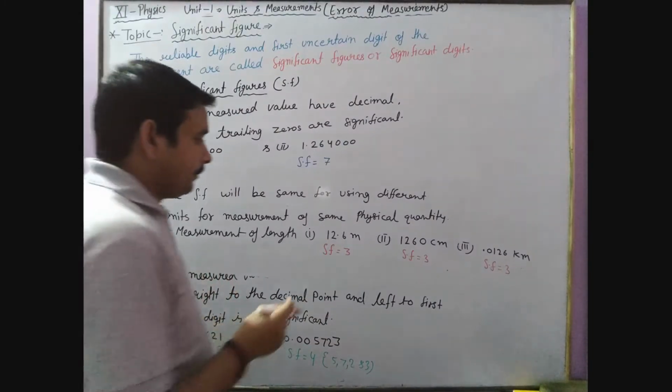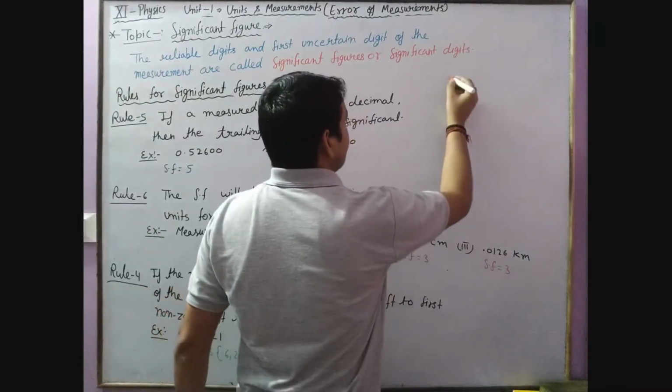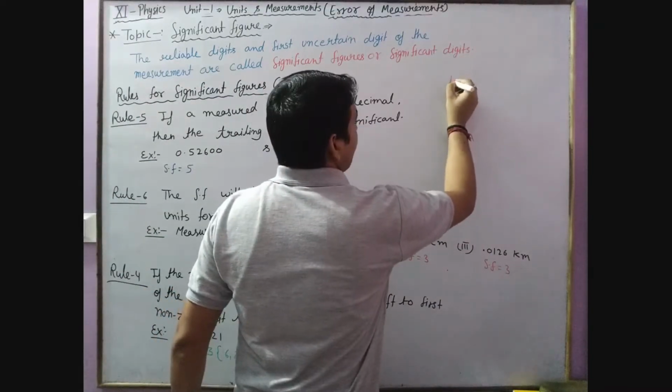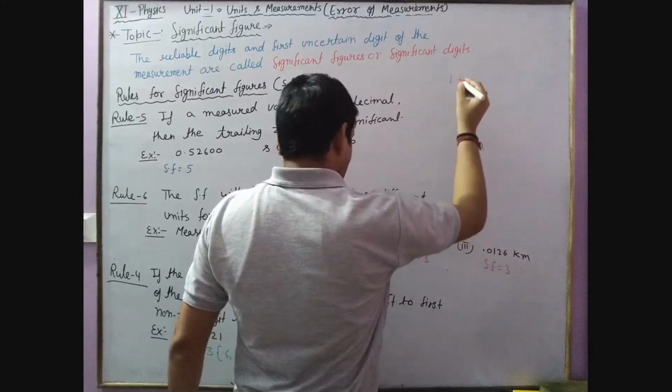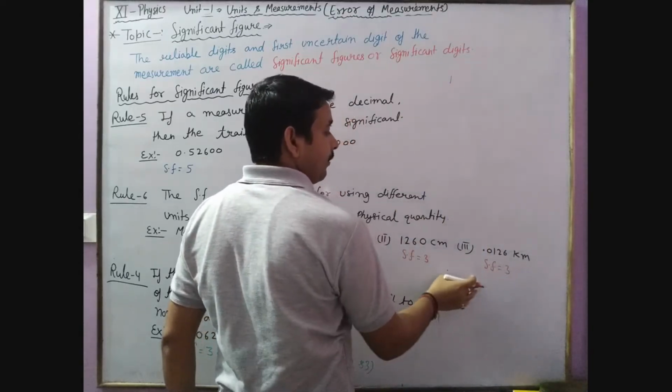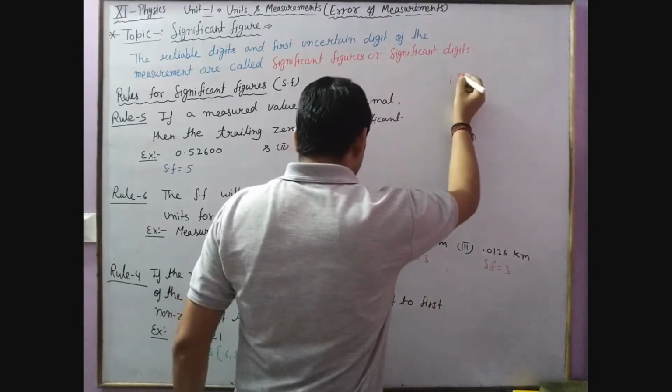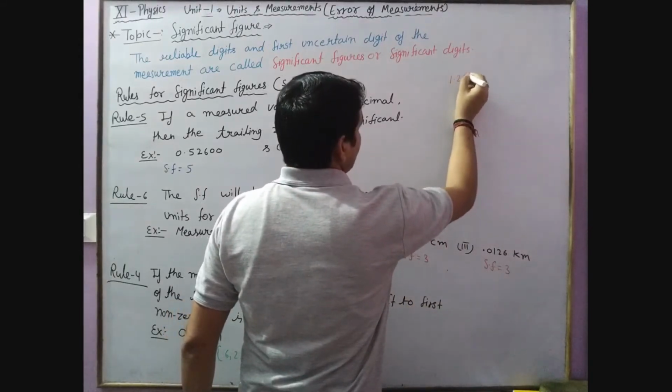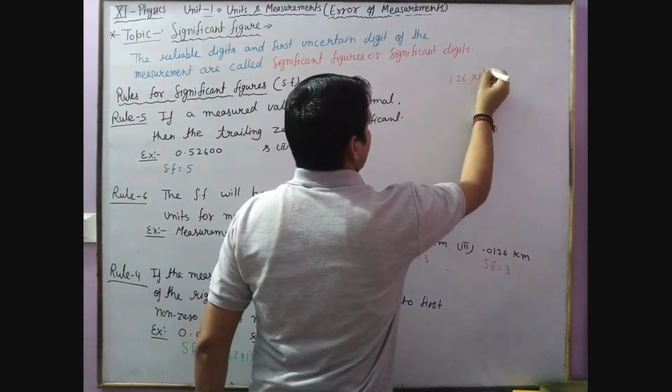That means if we need to write these all in power of 10, it can be written as 1.26 into 10 to the power minus 1.